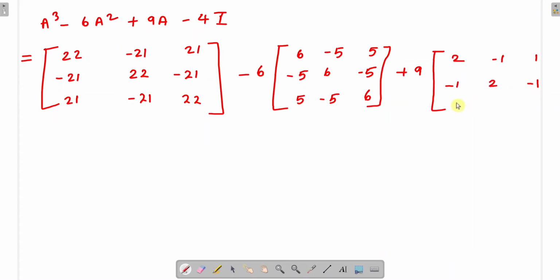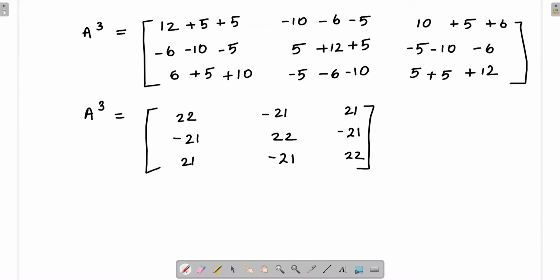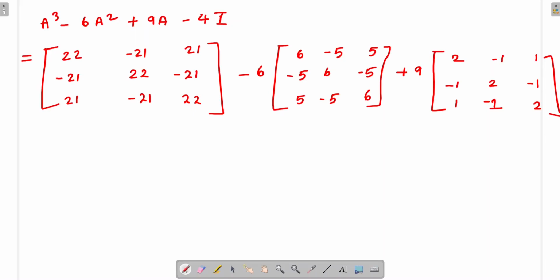and 1 minus 1 2. Let us check. Okay, there is A, yes. So now minus 4 times the identity matrix, that is 1 0 0, 0 1 0 and 0 0 1.